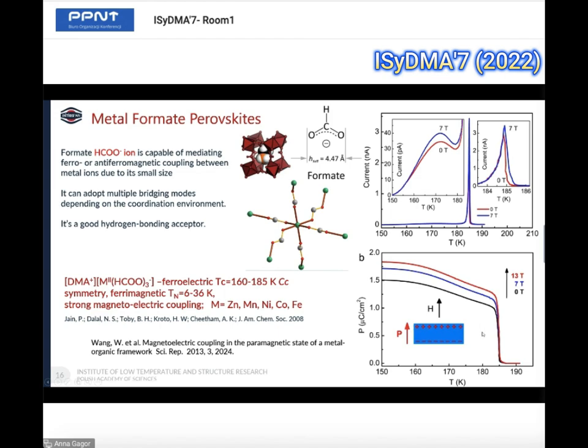So a material with large magnetoelectric coupling was obtained.